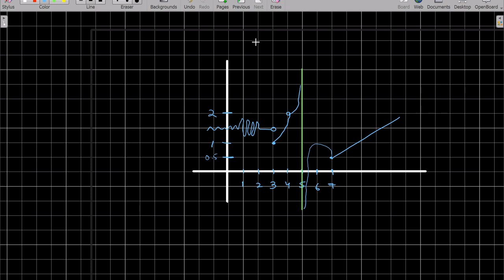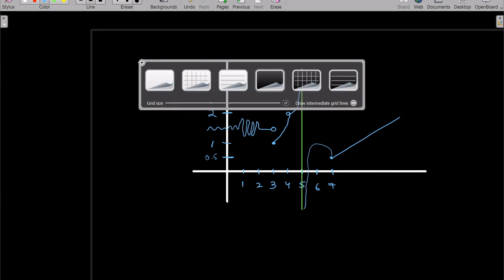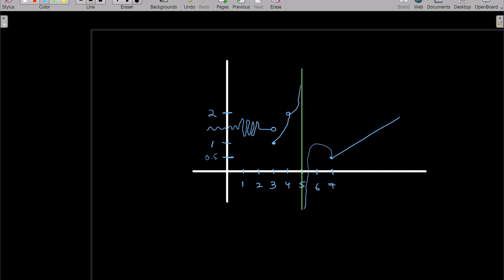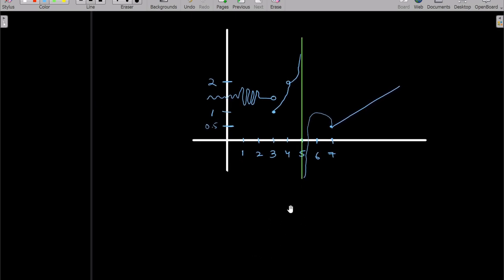Okay, now I will remove the background. This is the weirdest function ever, and now we will try to find out the left hand limit and the right hand limit at all the points. Okay, so left hand limit, right hand limit, and then the general limit. GL is your general limit. Okay, Anika?